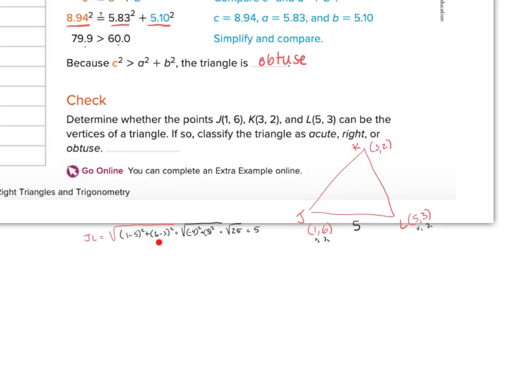So looking at the length of JL, I went ahead and used these points, x2, y2, x1, y1, did the distance formula, and I have come up now that JL appears to be 5. So as I go on to my next equation, I'll make sure that I'm going to find JK now. And when I found the length of JK, using x2, y2, x1, y1, I believe JK is approximately 4.5.